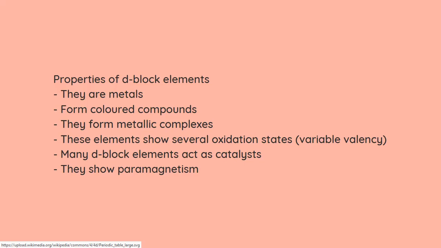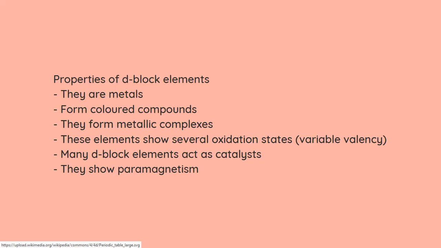You have a beautiful red color to a pale lavender color. So it's really interesting to look at them. And they form metallic complexes, as I told you. They show several oxidation states. So if you take iron, for example, it can lose either 2 electrons, so it'll form Fe2+, or it can be Fe3+. That's just an example, but there are various elements which show a variety of oxidation states.